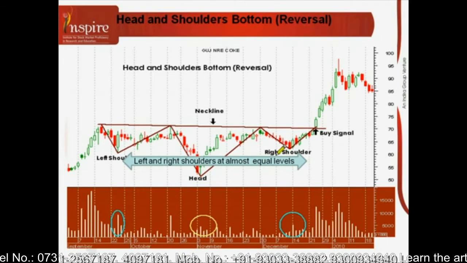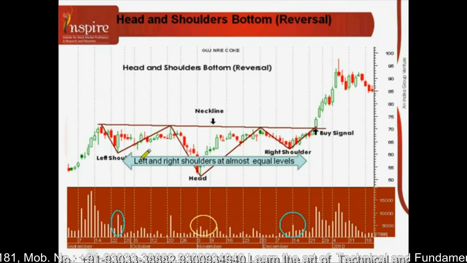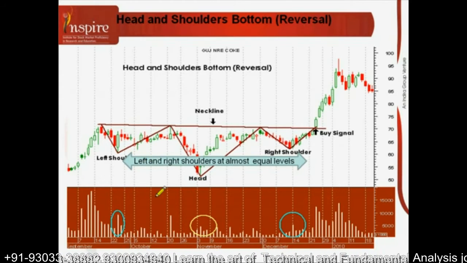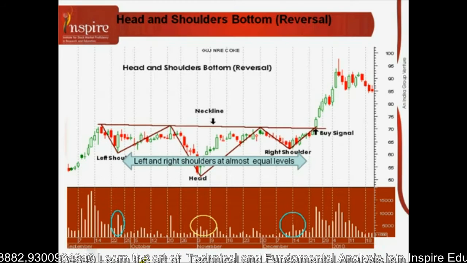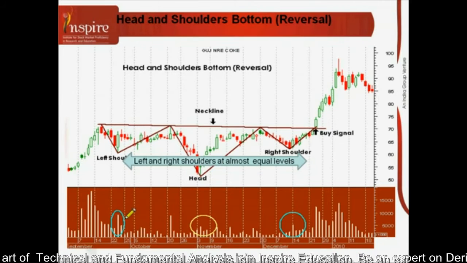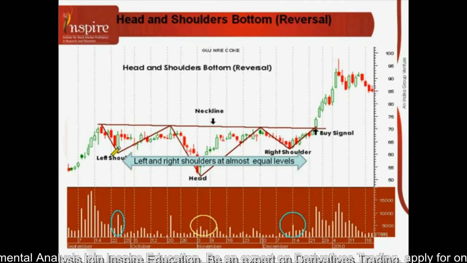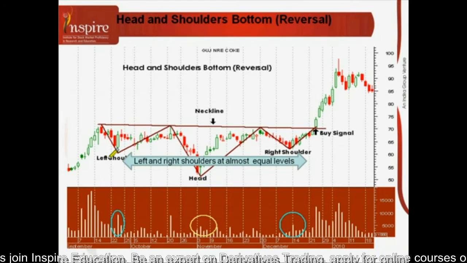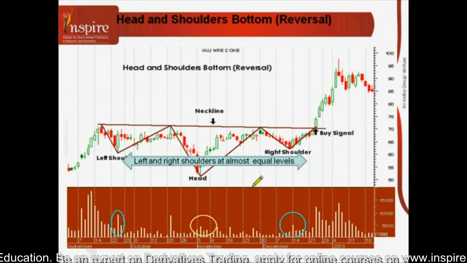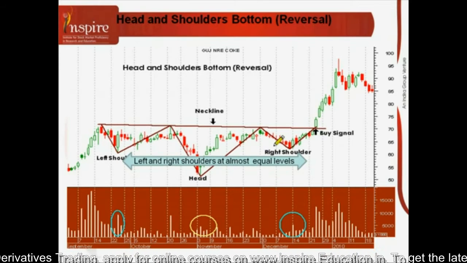Head to right shoulder and head to left shoulder. Talking about volumes, the volume should be highest on the left shoulder, as it is visible in the volumes, signifying that the market has selling pressure. The volume should again decrease and be lowest at the right shoulder.